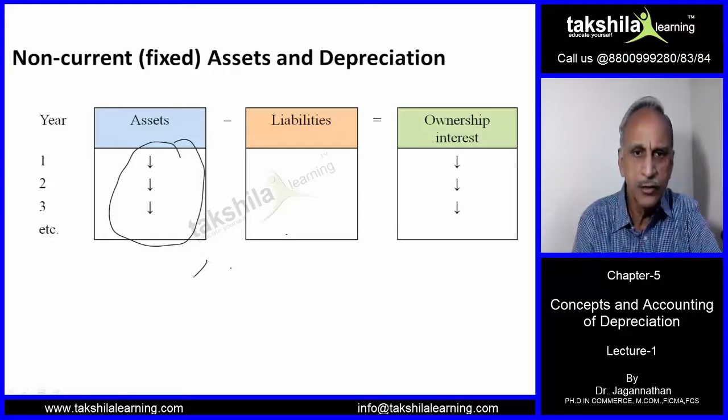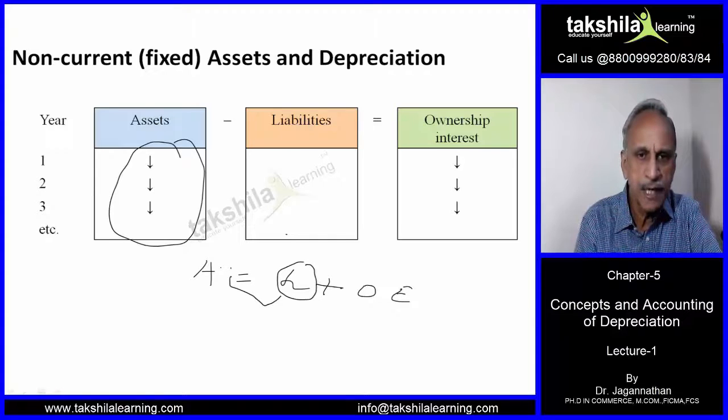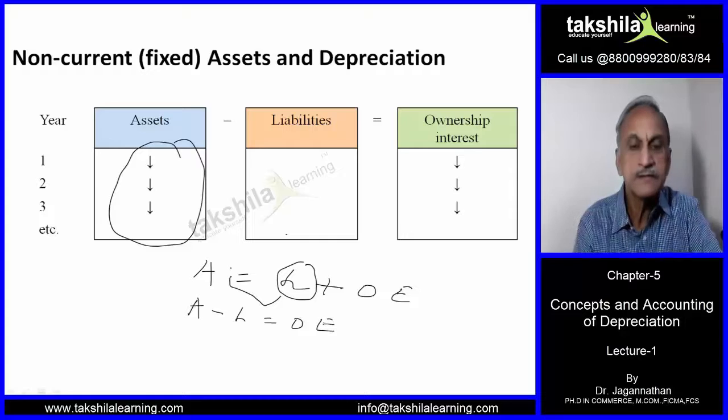The accounting equation is assets equal to liability plus ownership equity. Now this liability, if I take it to the left hand side, will show a minus sign. Minus liability is equal to ownership equity, which is written as interest.